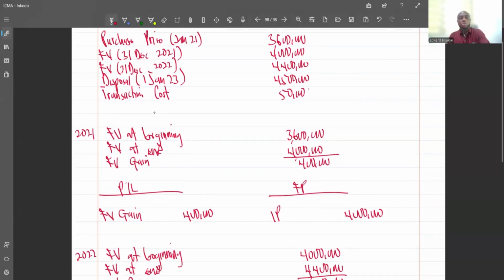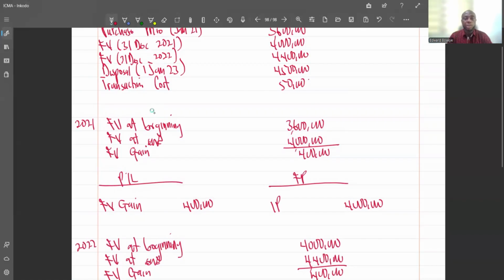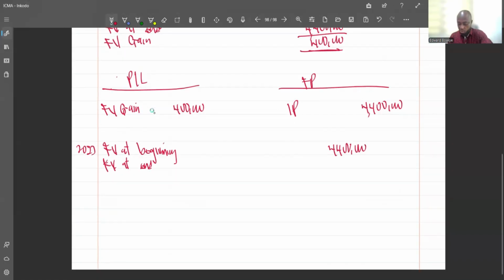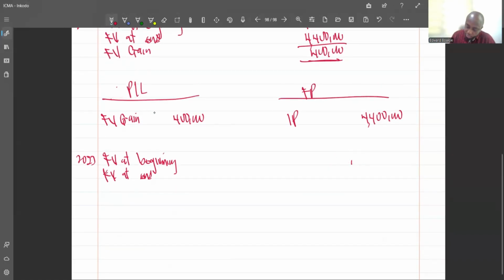So the asset was actually sold at the end of December 2022, because 1st January 2023 is the same as 31st December. So meaning there was a disposal here in 2023.